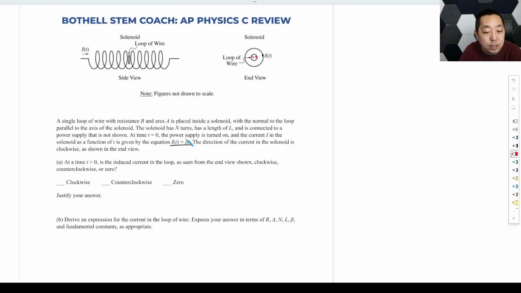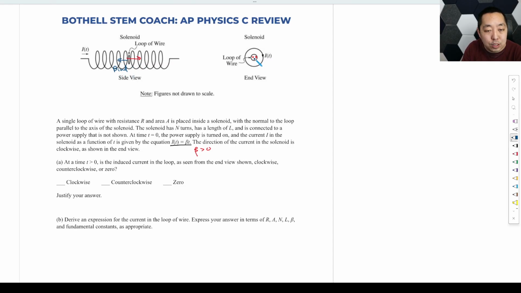And what's happening is beta is greater than 0. This is supposed to be a positive value. Just accept that. I wrote that in there. So if beta is positive, the current's increasing, and we're increasing the flux into the loop at this point. If you look at this picture over here, we're increasing the magnetic field to the right, so we're going to induce a magnetic field to the left.